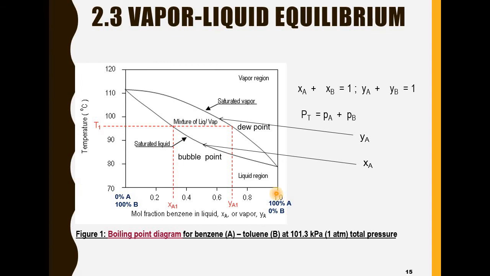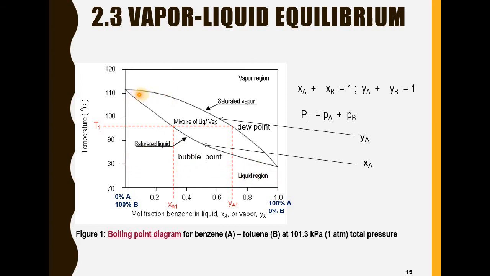It is telling you that, with these two curves, data outside of the curve at the top is the vapor region, or it exists in the form of vapor. Data that falls below the bottom curve is in the form of liquid, the liquid region.